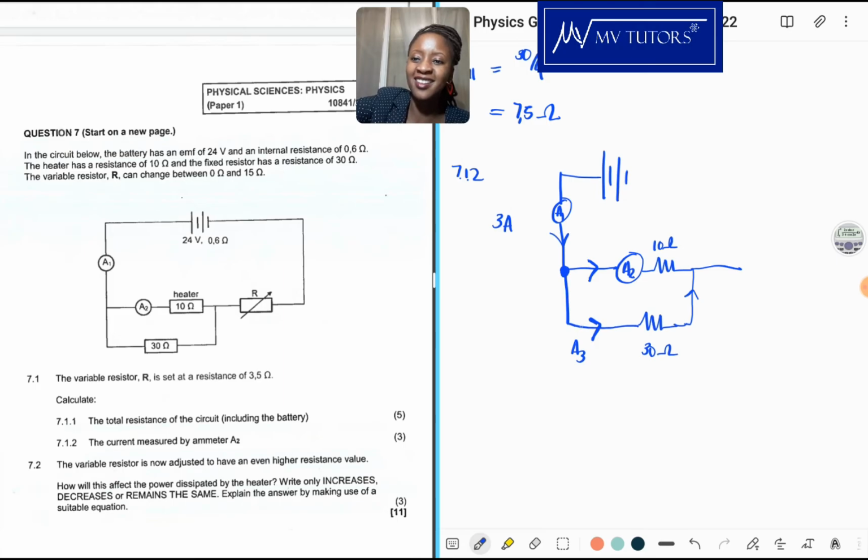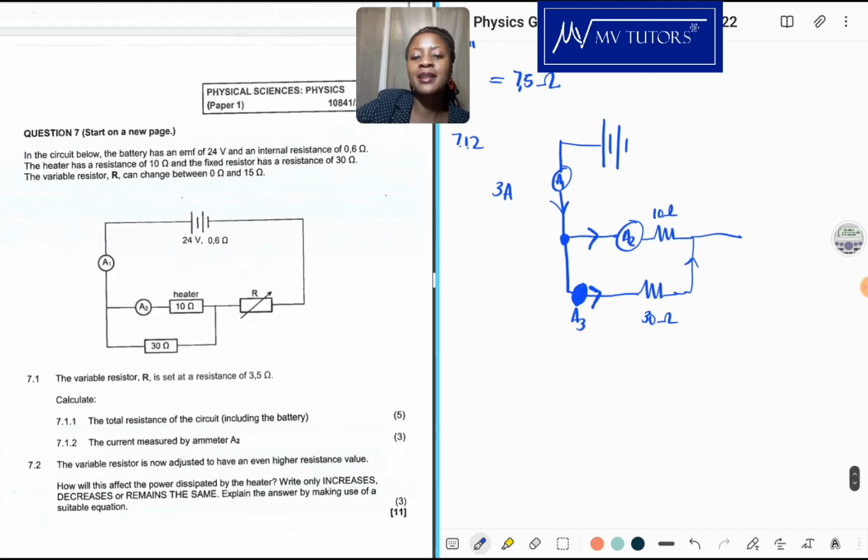Let's say we had an ammeter here called A3. So if you wanted to get A2, the current going to A2, this is your I, and then here you have small I, so maybe here I2 and here I3.